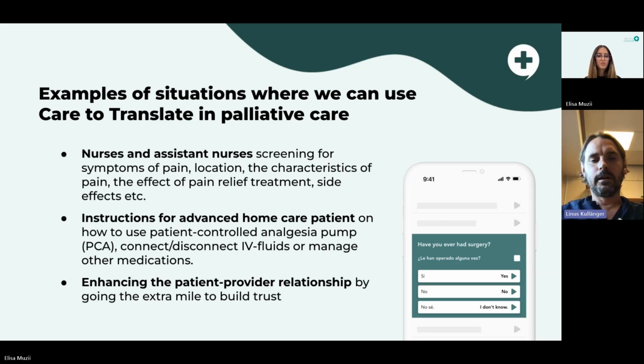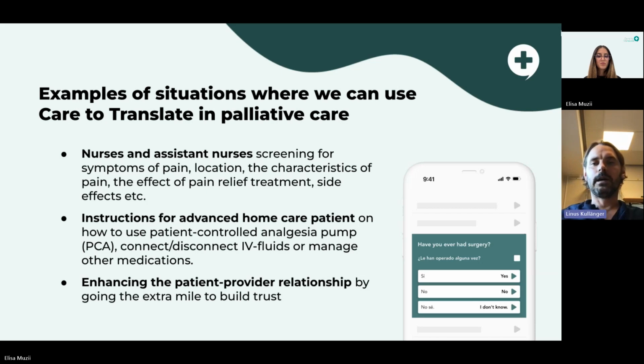The other thing is we can give instructions, for example, to advanced home care patients on how to use patient-controlled analgesia pumps, like pain pumps, where they can press themselves to get the pain relief.